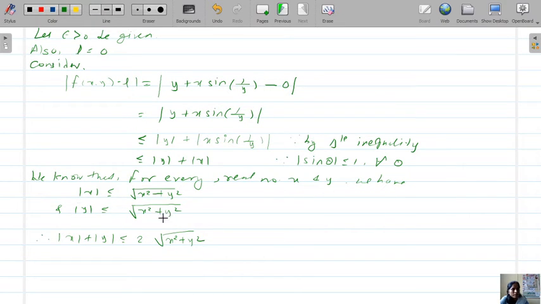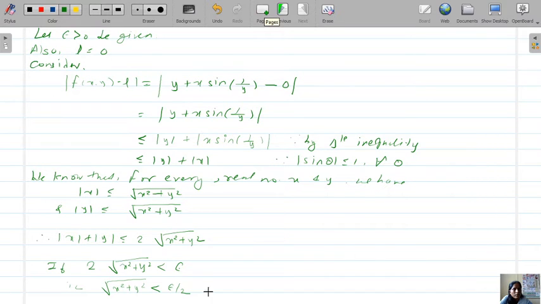Now if this quantity becomes less than epsilon, that is, if 2 square root of x square plus y square becomes less than epsilon, that is which quantity? So that x square plus y square is strictly less than epsilon by 2. Then whatever this quantity is, you have to choose that equal to delta.